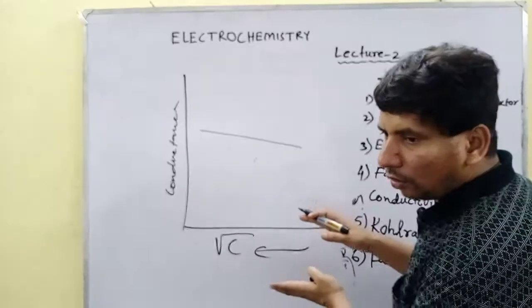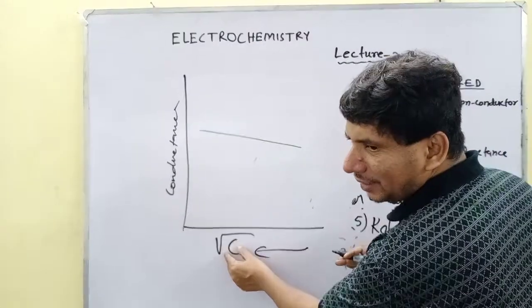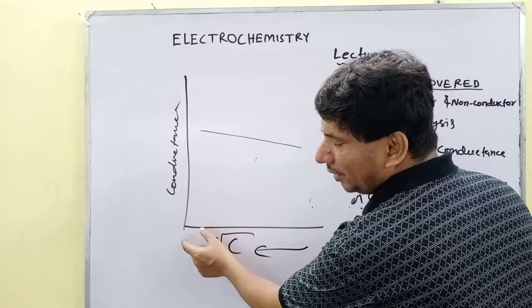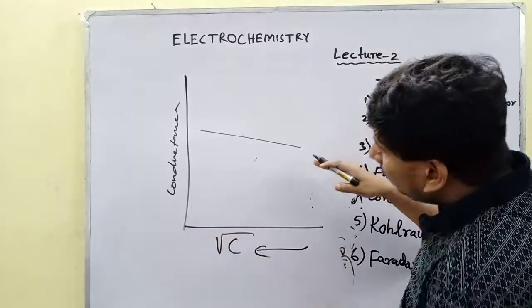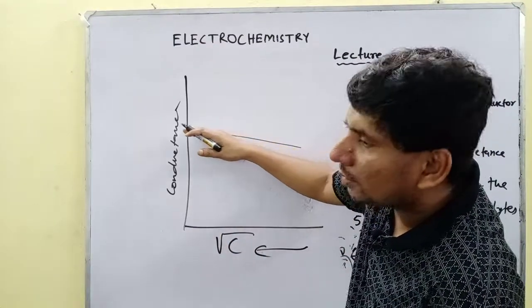For strong electrolyte, if C decreases, that's when root C also decreases, then the conductance increases slightly.